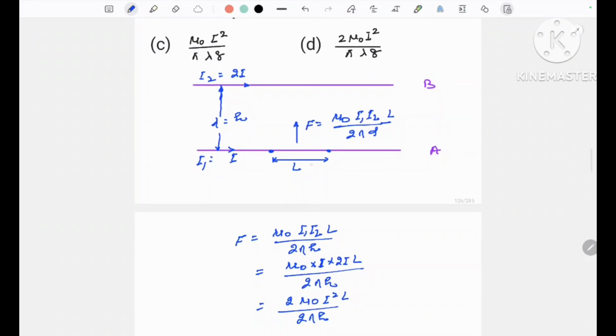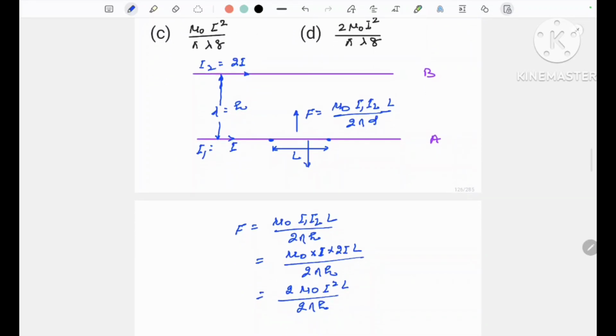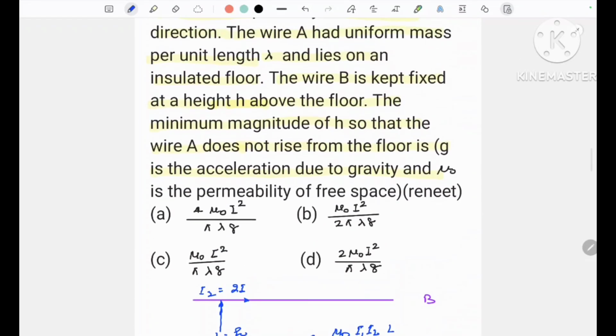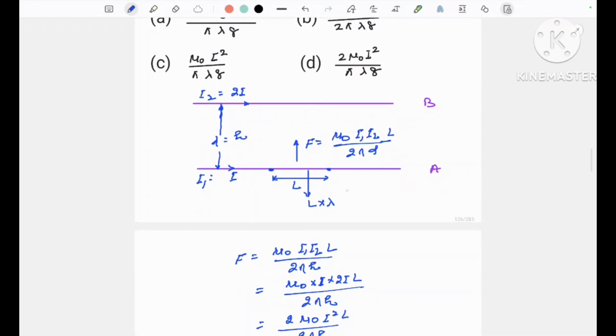The weight will act downward, and the weight will be L length into mass per unit length lambda into g. This is W.